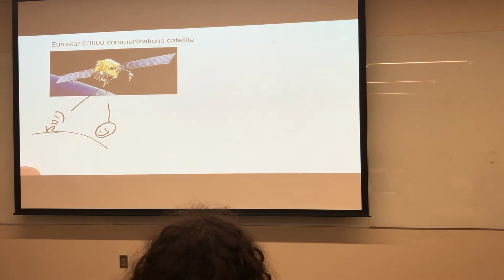Similar types of things are put up there. There's a constellation of these in space for GPS, so you know where you are from your cell phone because you are picking up GPS signals.